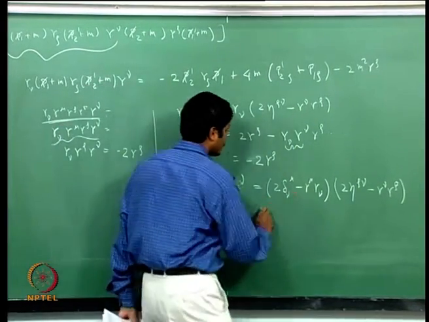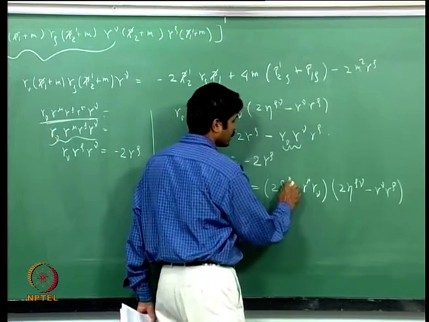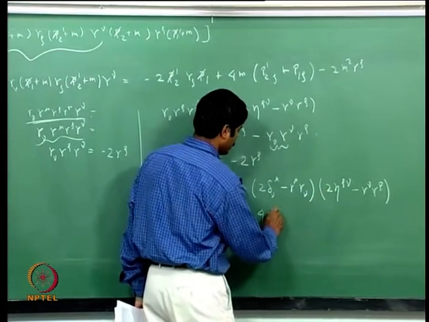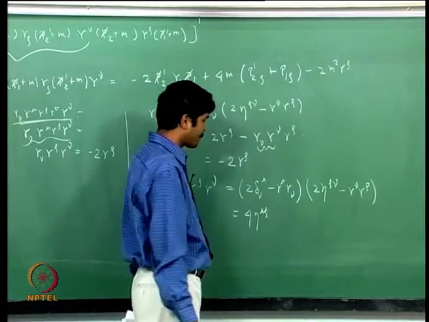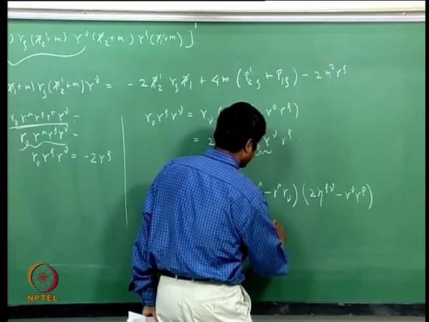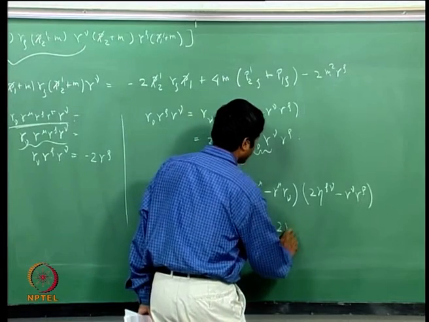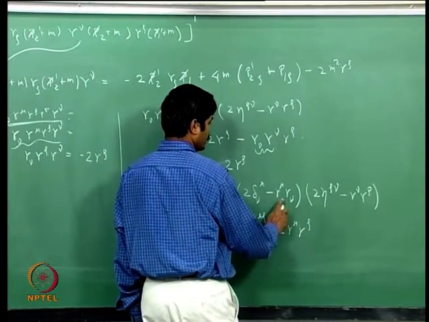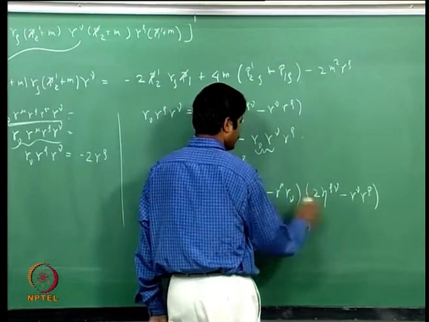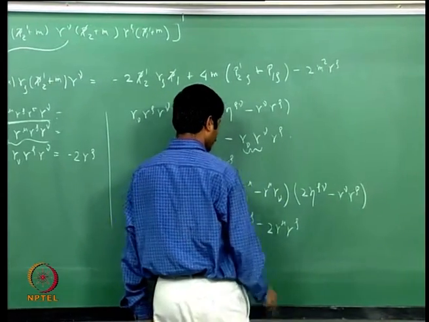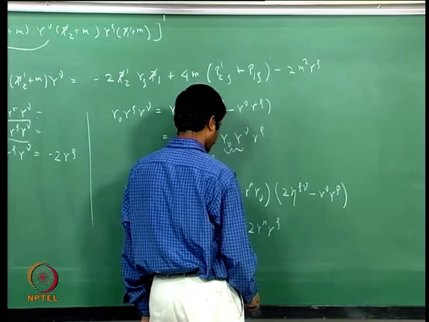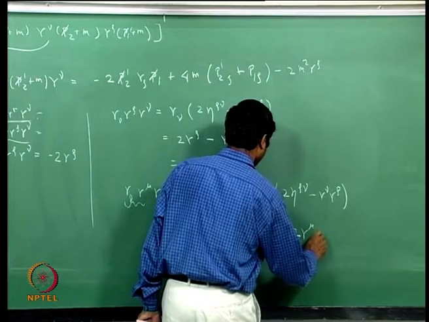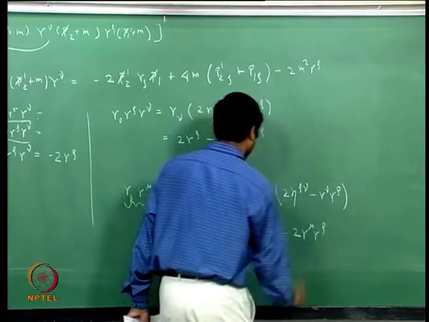Now, I will expand this. The first term is simply 4 times delta mu nu eta rho nu, which is eta mu rho. Then this term here will give minus 2 gamma mu gamma rho, and this multiplied with this again will give me minus twice gamma mu gamma rho.